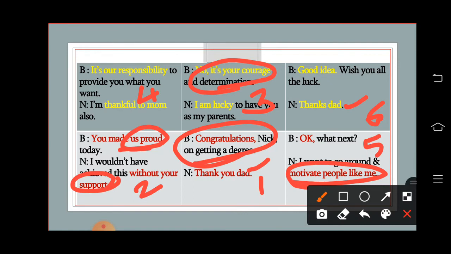I'm thankful to mom also. Okay, what next? I want to go around and motivate people like me. Good idea. Wish you all the luck. Thanks, Dad.